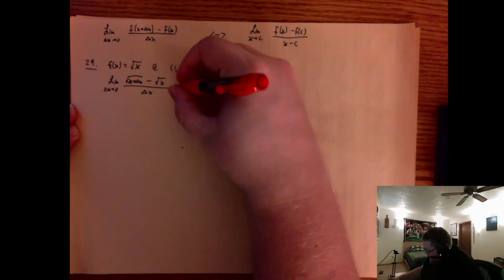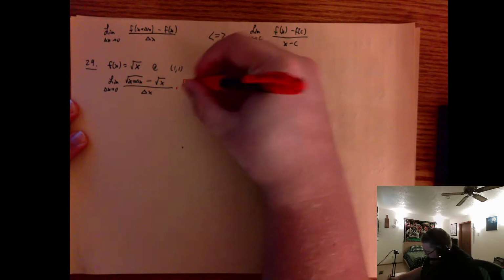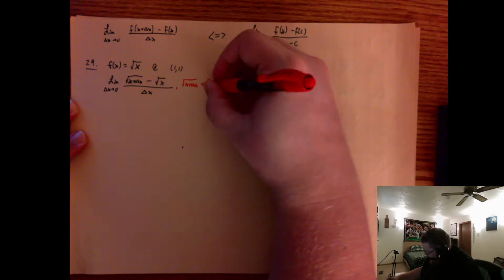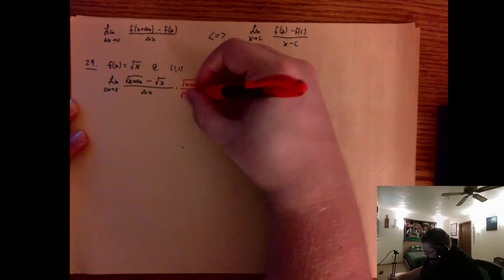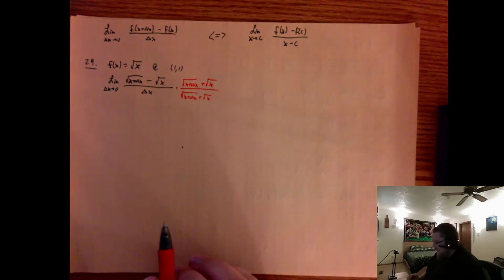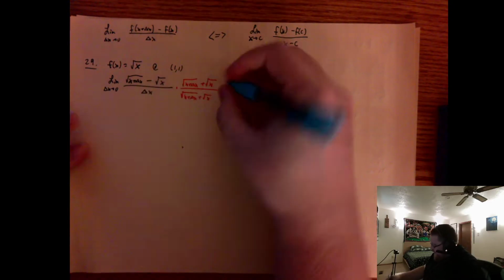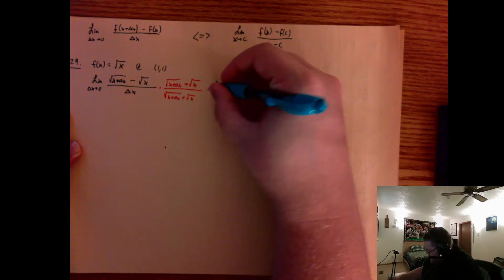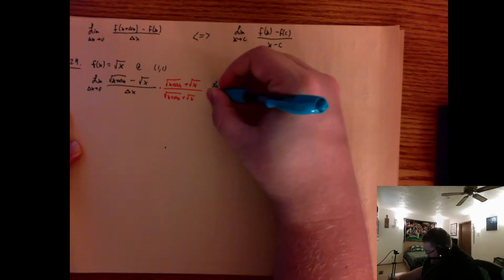We're going to use the conjugate, which is the square root of x plus delta x plus the square root of x, on both top and bottom. Remember, you're going to simplify the top but not the bottom. So we'd have the limit as delta x approaches 0.